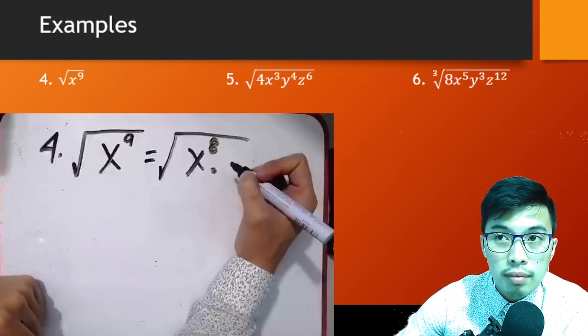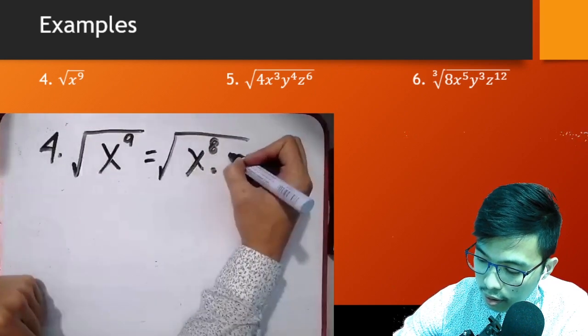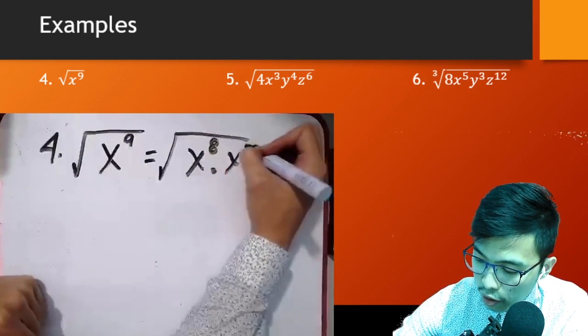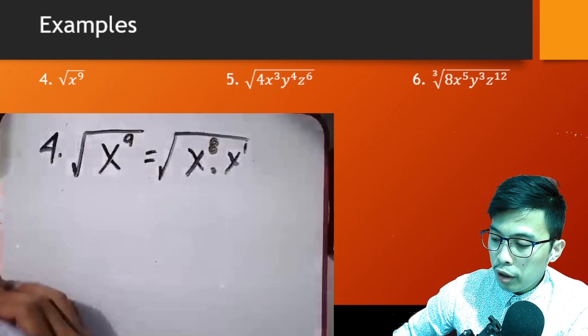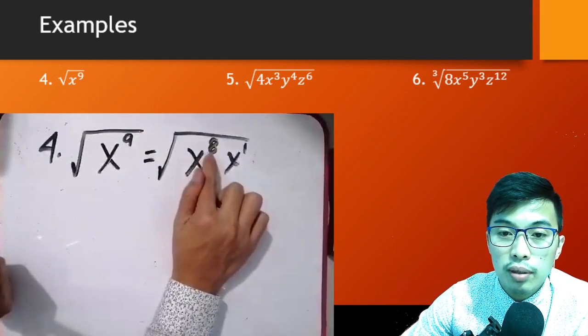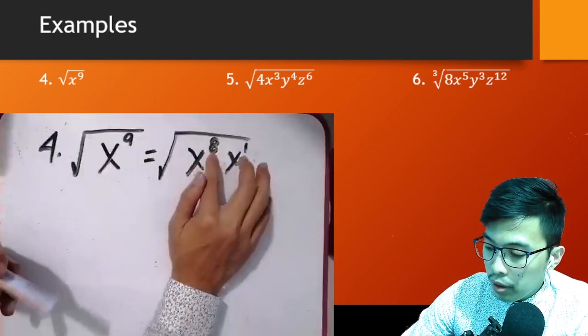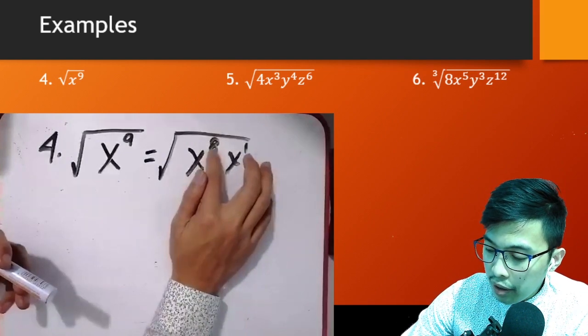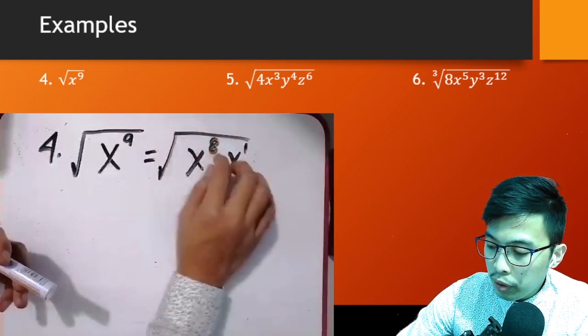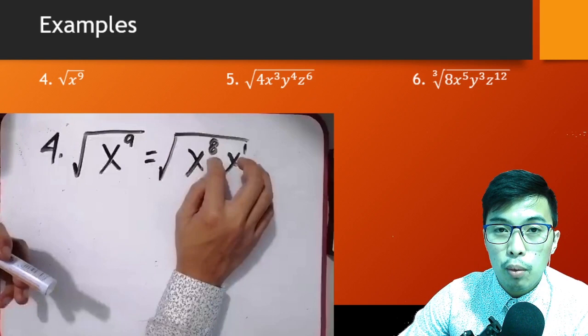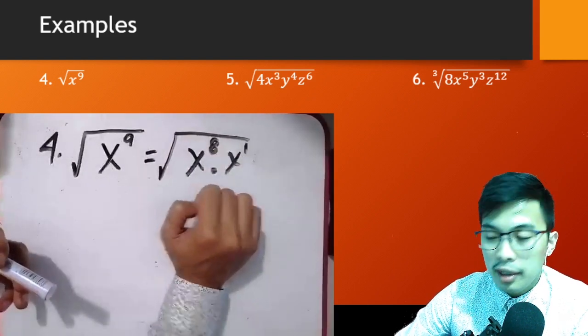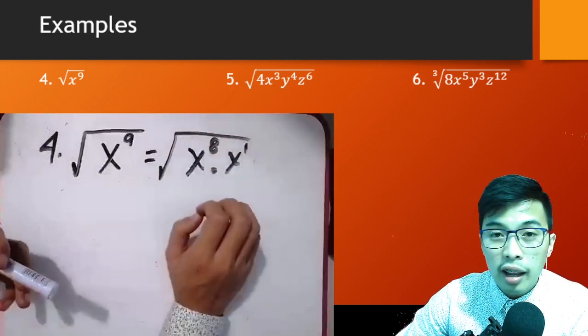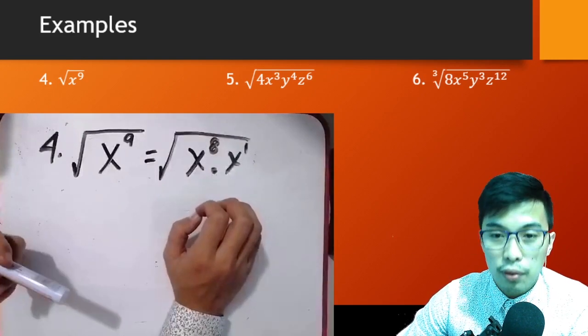times x raised to the power of 1. Okay, why 8? Bakit 8 yung nilagay natin? Because 8, we can get the square root of x raised to the power of 8. And that is x raised to the power of 4.